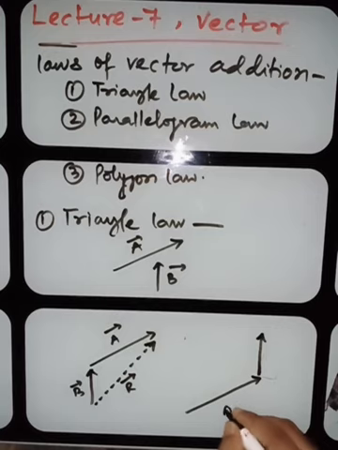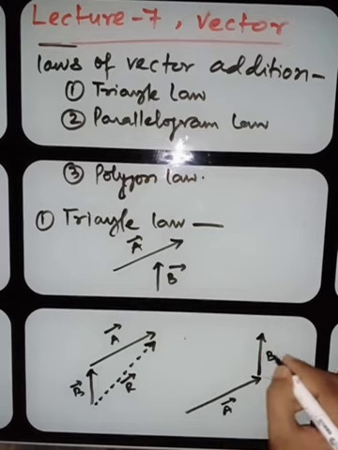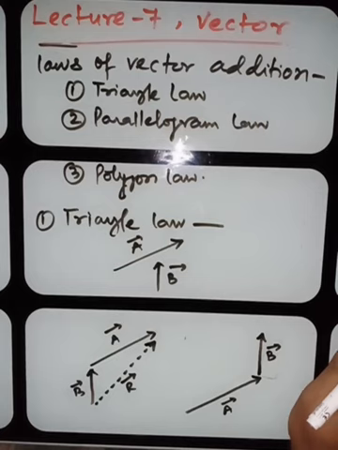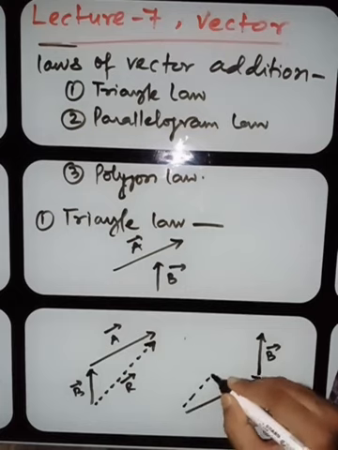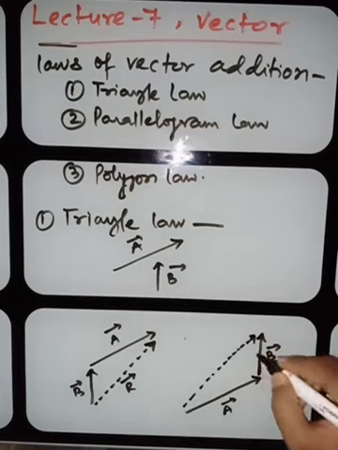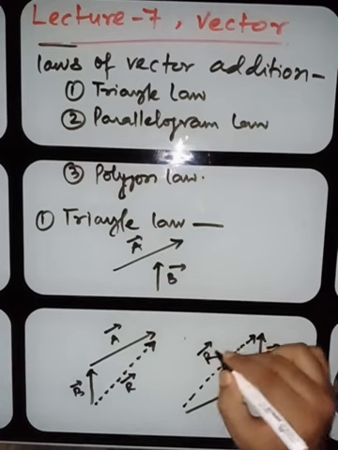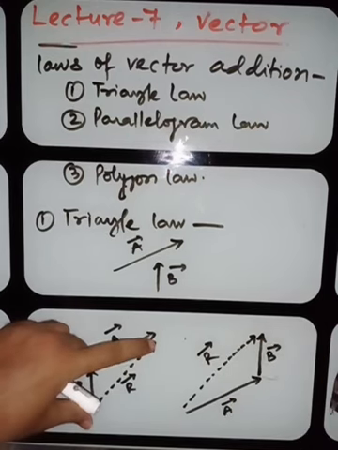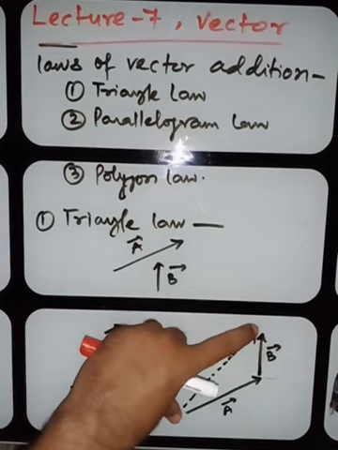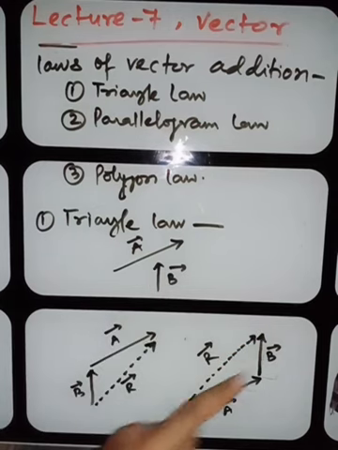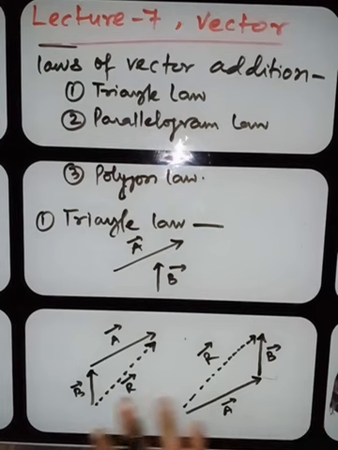This is A, this is B. Where you want to put it, you can put it, but the resultant will not change. You can see, the resultant has this length and this direction, and here again the resultant has the same length and the same direction. So the resultant is not going to change.